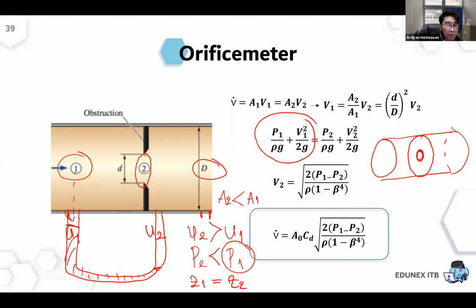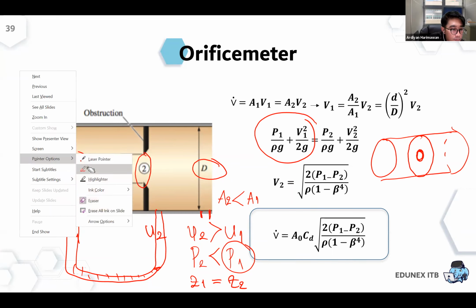If you have higher pressure at point 1, what will be the difference between the manometer legs? This one or this one?